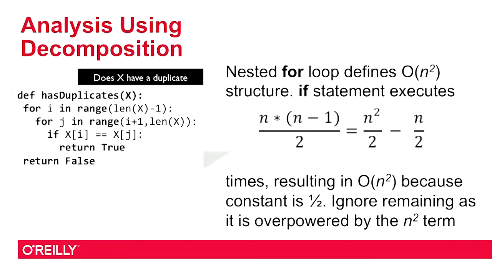So I can look at code, and as I'm casually scanning through it, if I see a for loop, I can think order n. If I see a nested for loop and I look more closely and I see that it's iterating over all the index values in that list, I can think to myself, that's order n squared. And I can call to mind those performance tables that I showed earlier that show the growth rate of order n squared, and how if the problem size doubles, it now means that it's 4 times as long to compute.